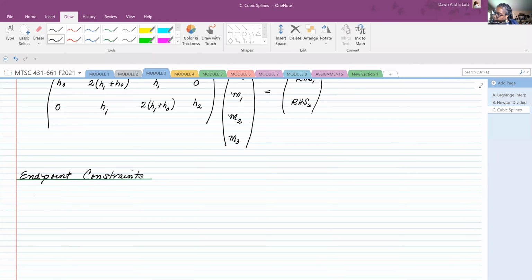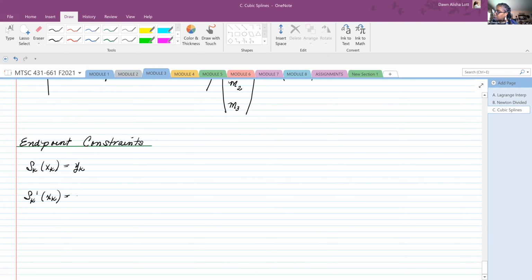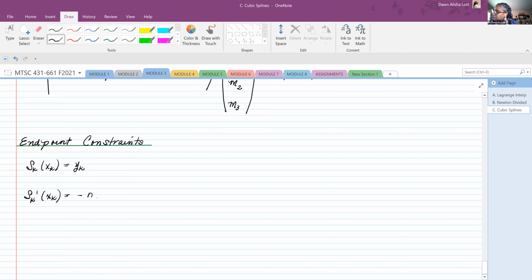All right. So we know Sk of Xk is Yk. We know Sk prime of Xk is equal to negative Mk Hk over 3, we just did this, minus Mk plus 1 Hk over 6 plus Yk plus 1 minus Yk over Hk.